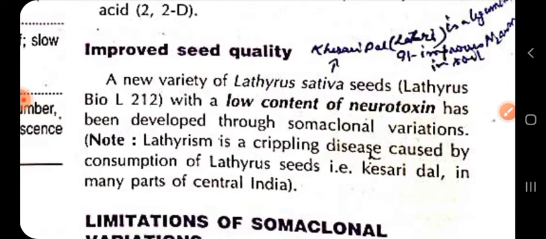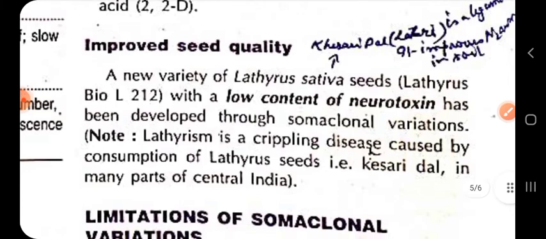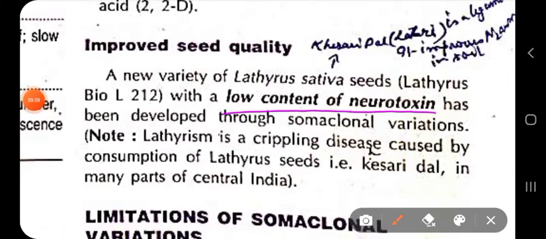So certain varieties of Lathyrus sativa seeds have been developed through somaclonal variation having low content of neurotoxin. Now it has been reported that the seeds that we obtain from Khesari plants can be used as legume, as pulses, as dal.